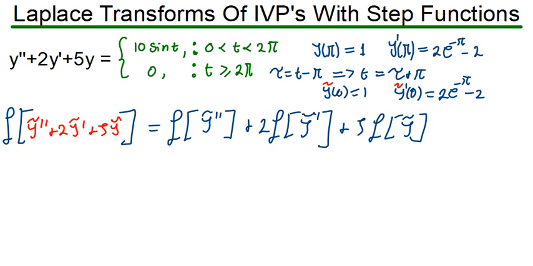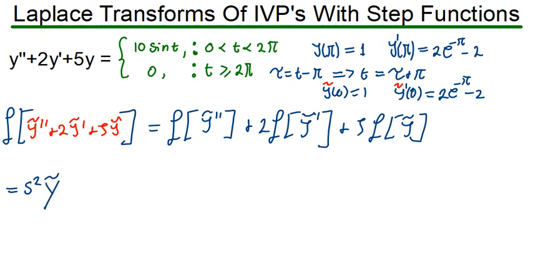How you find that is the same. It's just finding the Laplace transform of the second derivative, the first, as well as just y there. So this is going to be equal to, we're still going to have our s squared right here, multiplied by the Laplace transform of y tilde. For simplicity, and since I don't have enough space, I'll just put capital letter Y with a tilde there.